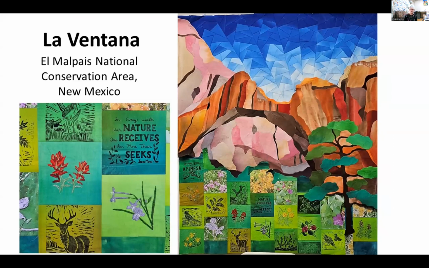This one I'm showing you so that you can see that tree there in the finished piece, that most of the foreground in front of that arch was just a big mass of bushy green trees. And I decided that that would be very difficult to incorporate into this image. And so that's why I made all of those blocks showing different items that are shown in this National Conservation Area.